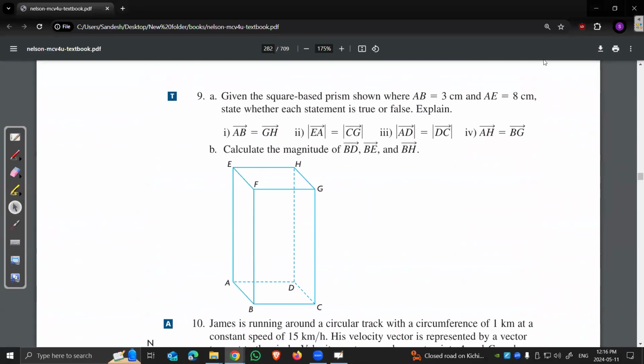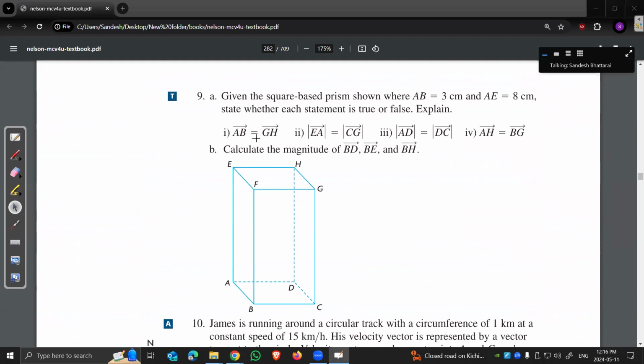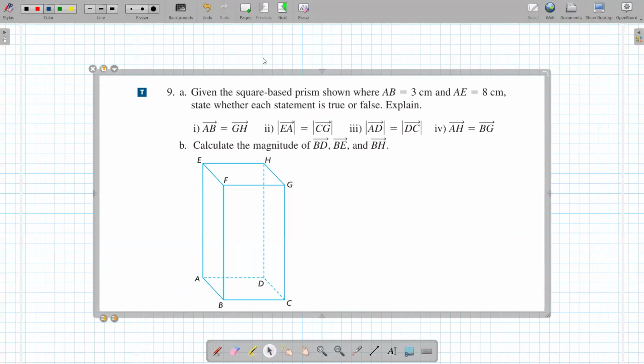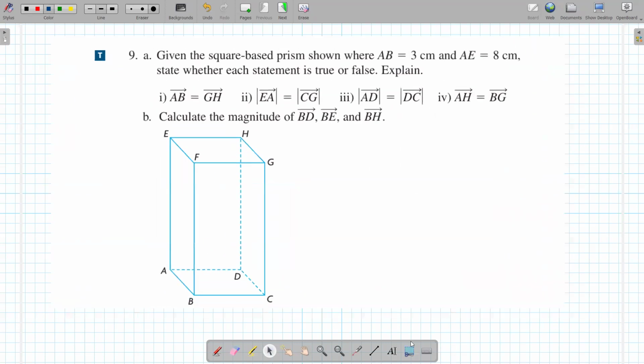This one's going to be tricky. So we are given some lengths. AB is 3, which means DC is automatically 3, which means EF is automatically 3, which means HG is automatically 3. What else have they given us?